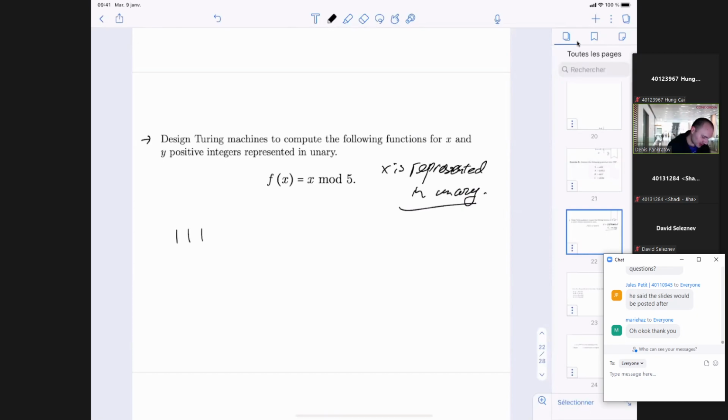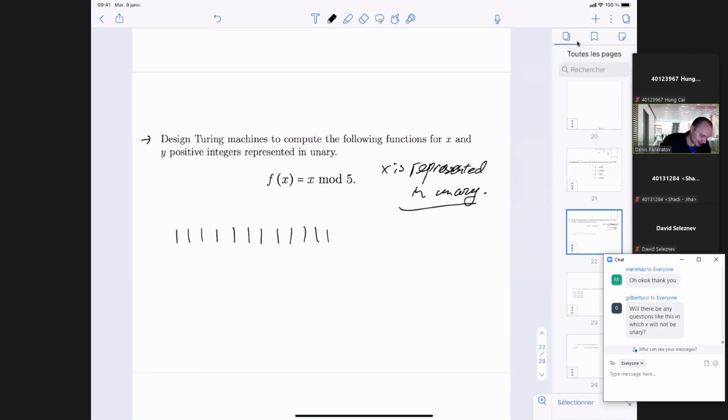So suppose that we have our input, something like 1, 2, 3, 4, 5, 6, 7, 8, 9, 10, 11, 12. So this is an example for 12, and we want to compute what would be 12 mod 5. So there should only be 2 ones remaining.